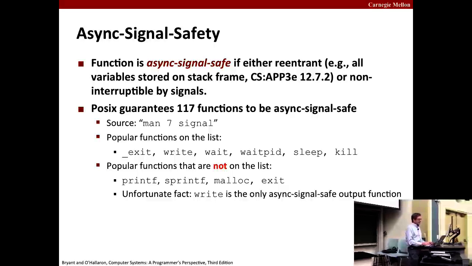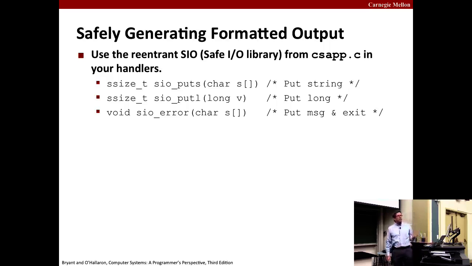So to deal with this, I really didn't want to tell you guys that you couldn't have any output in your programs. And write's a very difficult thing to deal with. So I created a small little library called the Safe I/O library. It consists of 3 routines, and they're available to you in the csapp.c file, which is distributed on the website. And it consists of 3 reentrant routines. sio_puts prints a string. sio_putl prints a long.